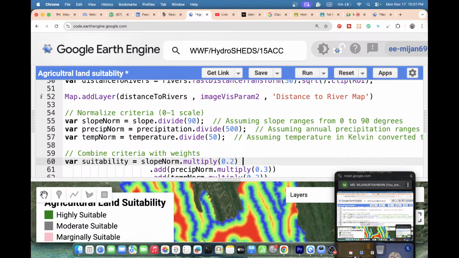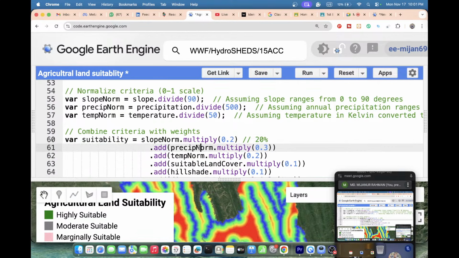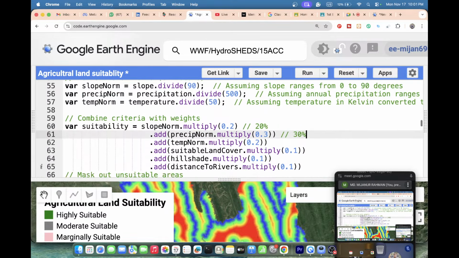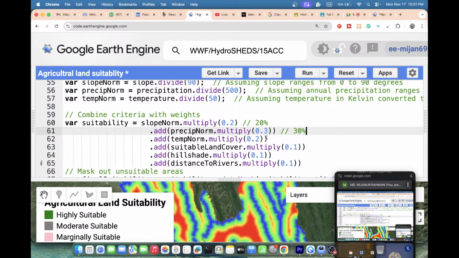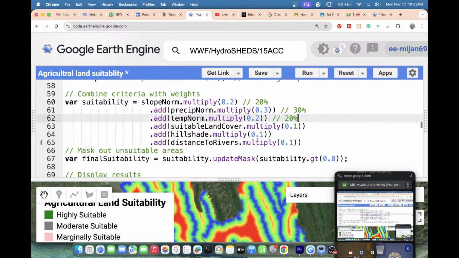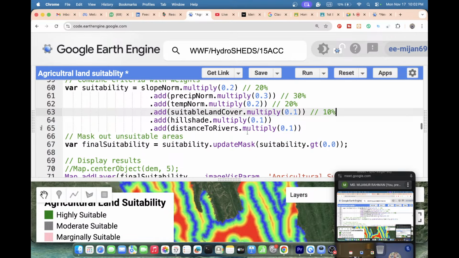Suppose slope is 0.2, at 20%. Then add the precipitation normalization at 30%. Then temperature normalization at 20%. Then suitable land cover at 10%. Then hillshade also 10%.